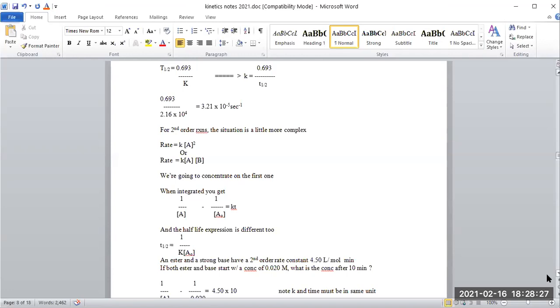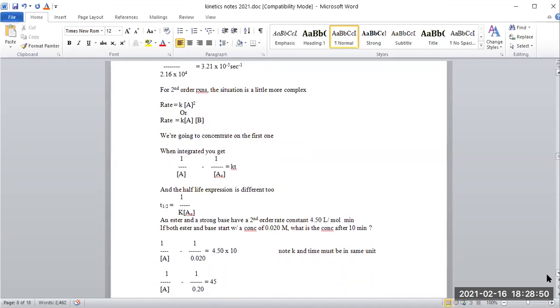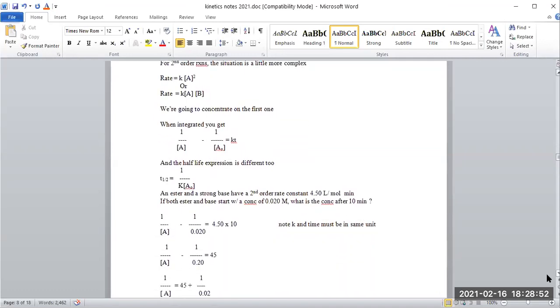Your half-life expression gets a tweak too. This time, it's not 0.693 on the top, it's just a 1. And this time, it does actually make a difference how much you started with. So your A0 is part of your half-life expression.